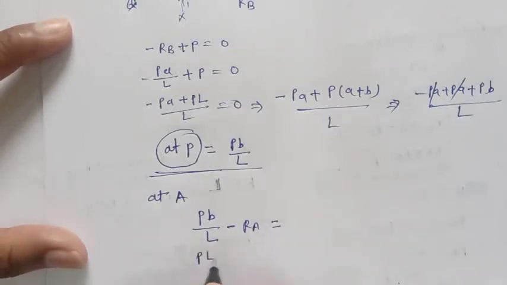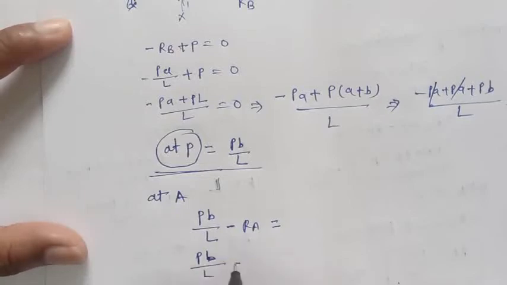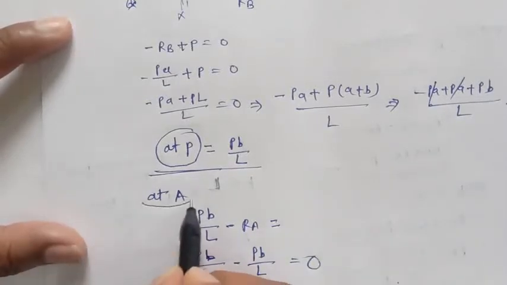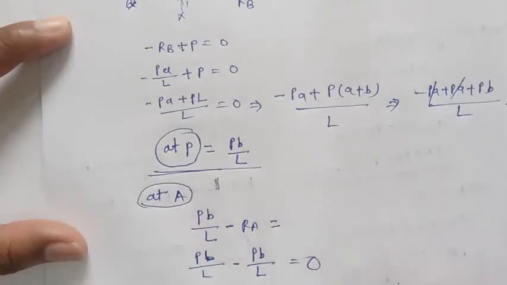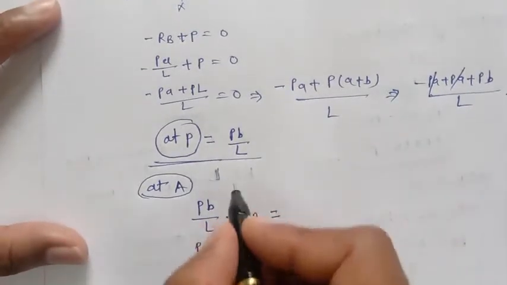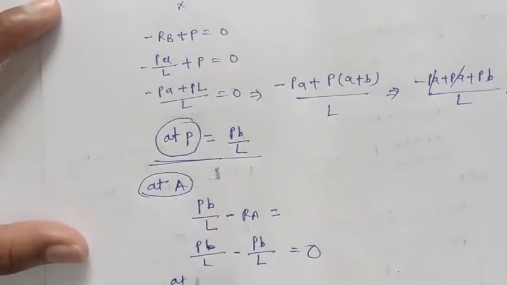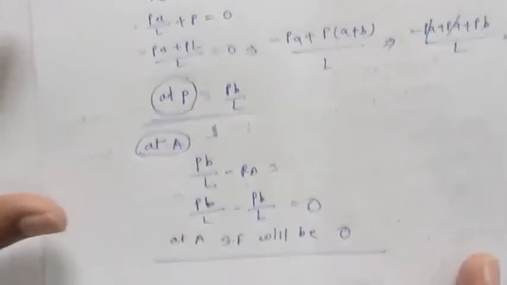So PB by L minus RA, and the RA value is PB by L, equals 0. So at A the shear force will be 0.